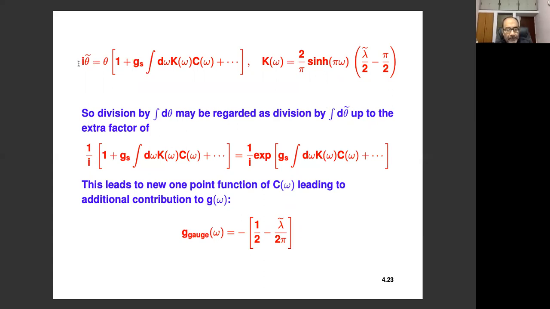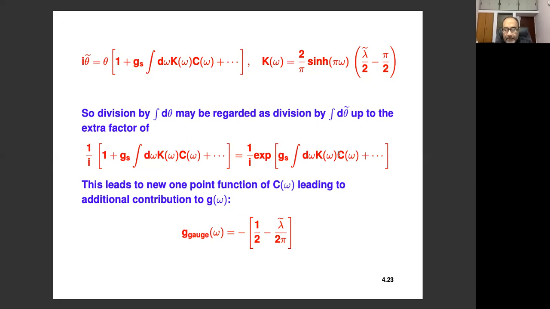So 1 over integral d theta is 1 over I times this times integral d theta, and this gives you a factor like this. Because d theta is in the denominator, this is the extra factor that we get in the path integral.